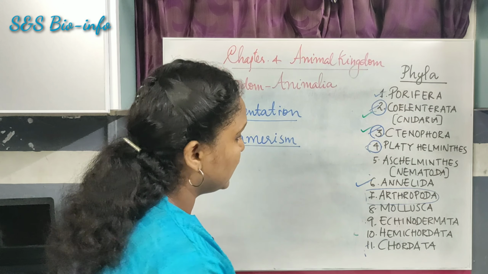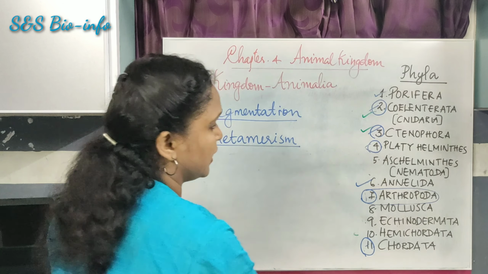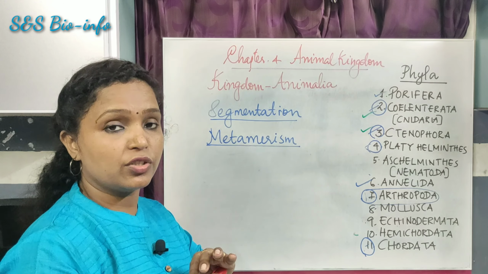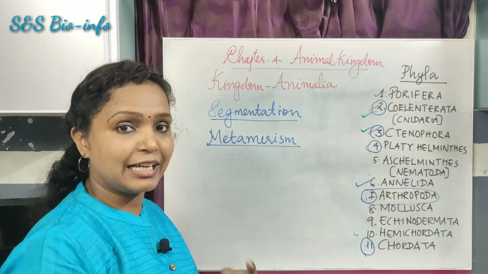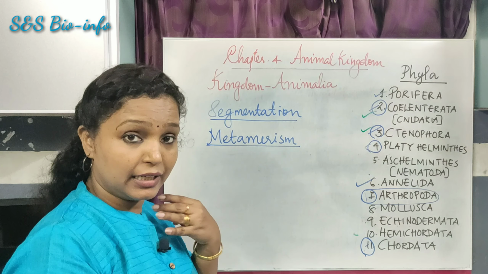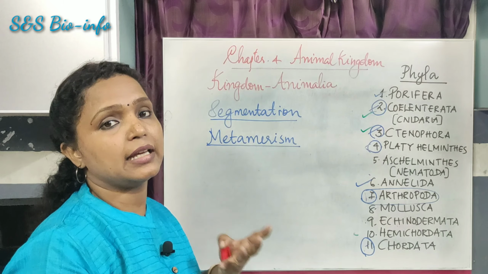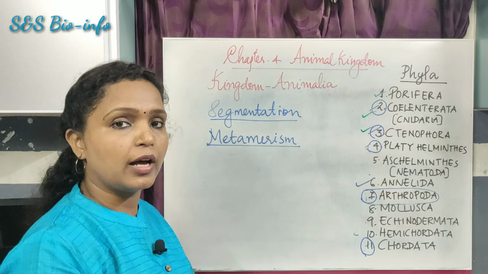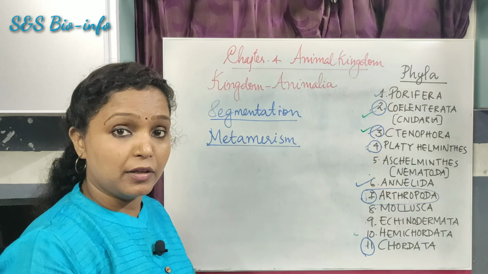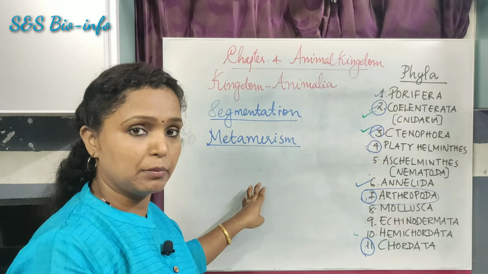But the other phyla like the phylum Arthropoda and the phylum Chordata exhibit segmentation, but the body has less segmentation, like a head and trunk in the case of Chordata, and a head, thorax and abdomen in the case of Arthropoda. They show segmentation but less segmentation, but in the case of annelids they show repeated segmentation, that is metamerism.